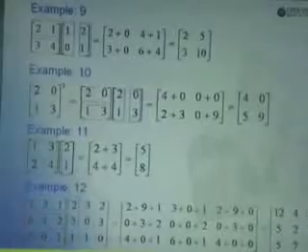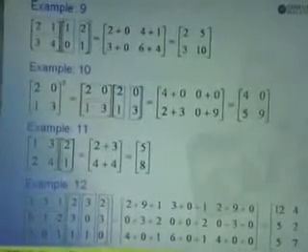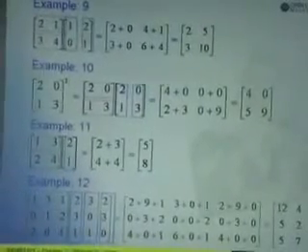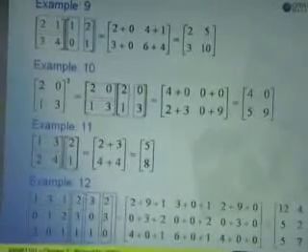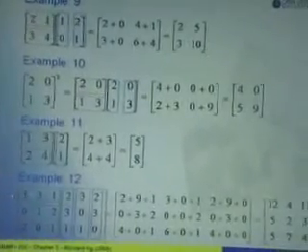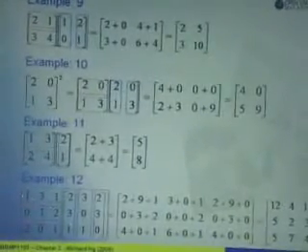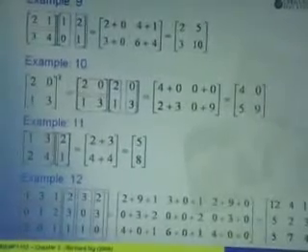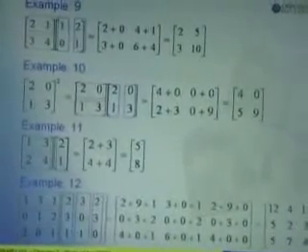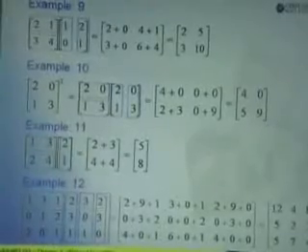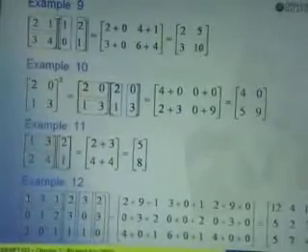In example 12, we have a matrix 3 by 3 multiplied by 3 by 3. We apply the same rules where elements in a row are multiplied by elements in a column. Let's start with row 1 multiplied by column 1. So 1 times 2 equals to 2, 3 times 3 equals to 9, and finally 1 times 1 equals to 1. Then we repeat the same process.